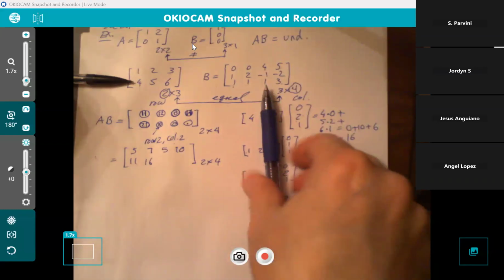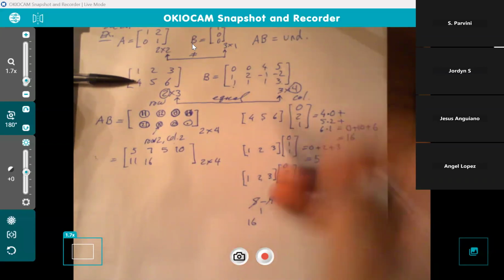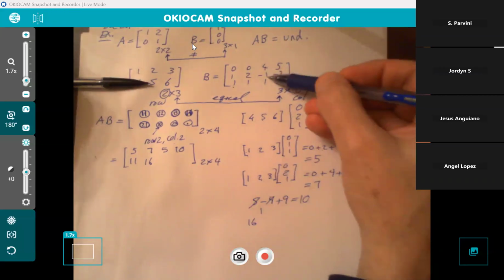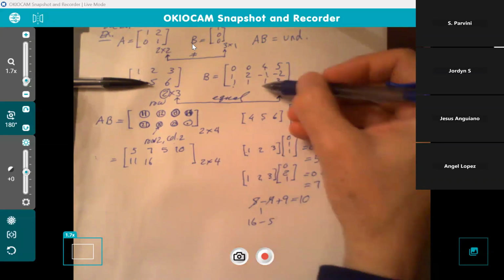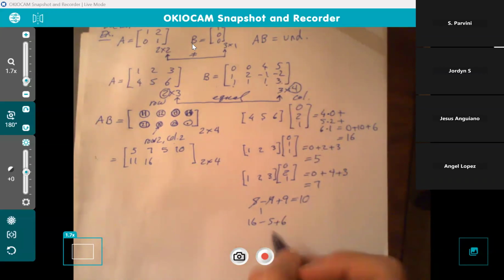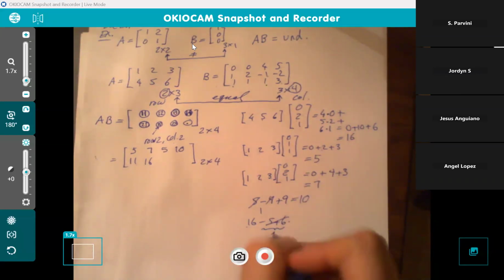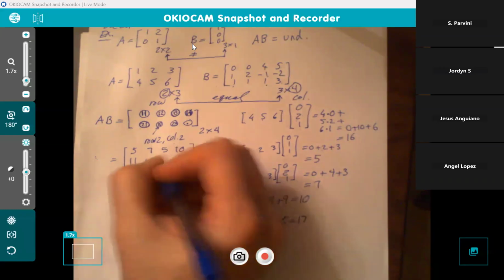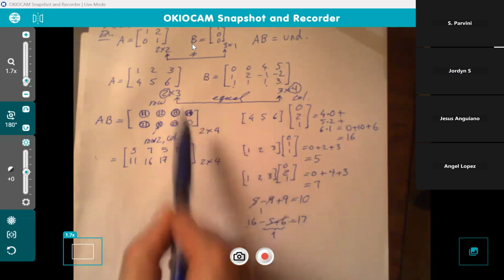Let's verify. 4 by 4, that's 16. 5 by -1, that's -5. And 6 times 1 is 6. 6 minus 5, that's 1. 1 and 16, very good, 17. Are we okay on that one? Perfect. And let's finish this off.